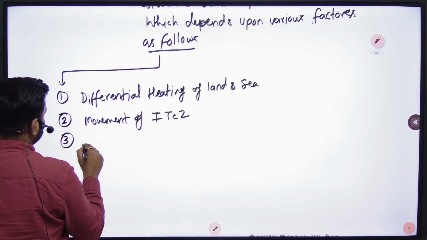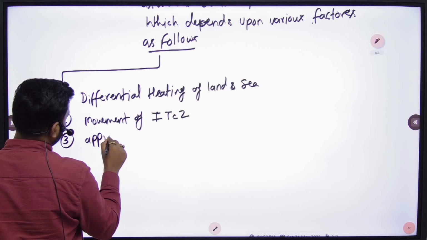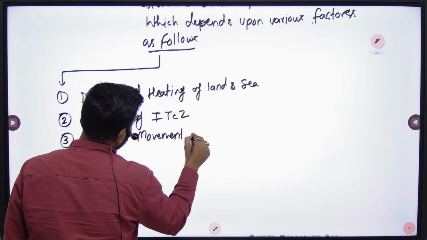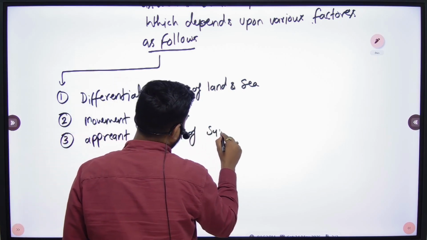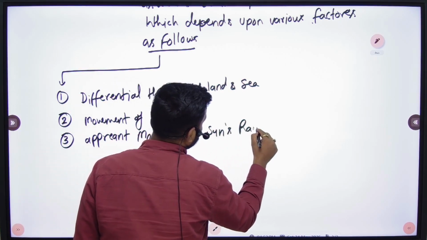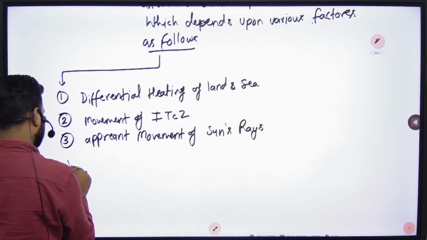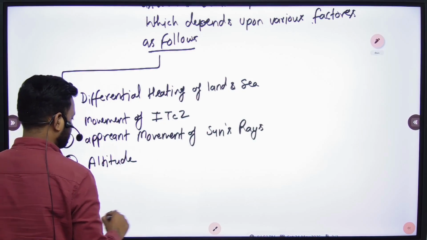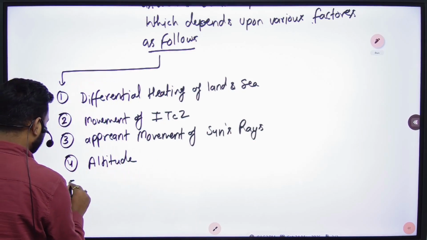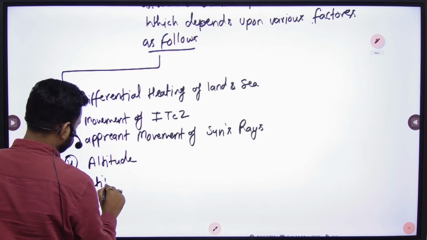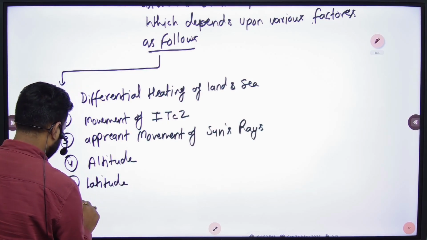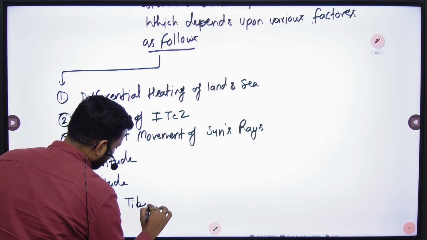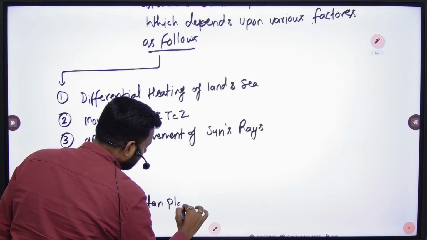Third, the apparent movement of the sun's rays. The fourth one is altitude. Fifth one is latitude. Sixth one is the role of the Tibetan plateau.